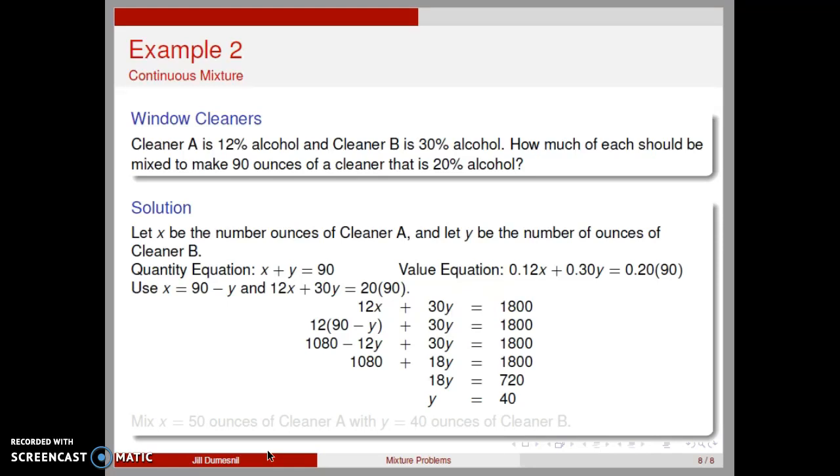And divide by 18 to get that Y equals 40. Therefore, we need to mix X equals 50 ounces of cleaner A with Y equals 40 ounces of cleaner B. Note that we used the fact that X was 90 minus Y to get that X is 50 ounces of cleaner A.